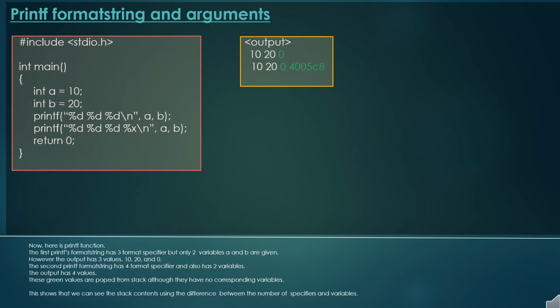The output has 4 values. These green values are popped from the stack, although they have no corresponding variables. This shows that we can see the stack contents using the difference between the number of specifiers and variables.